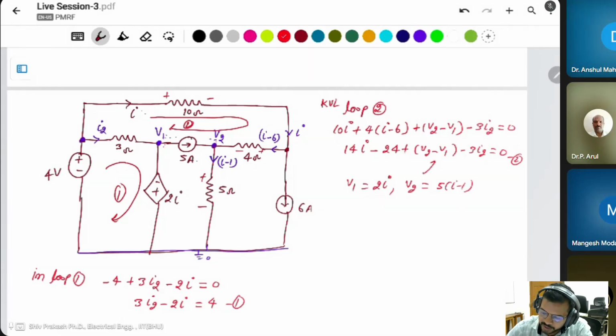Same thing you can put here: 14I minus 24 plus V2 is 5I minus 5. This will be negative there, that's why negative will be positive 2I, minus 3I2 is equal to 0.